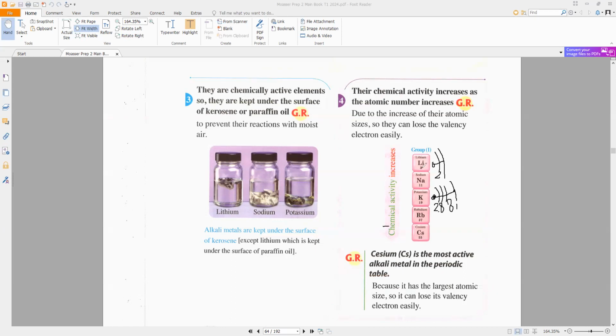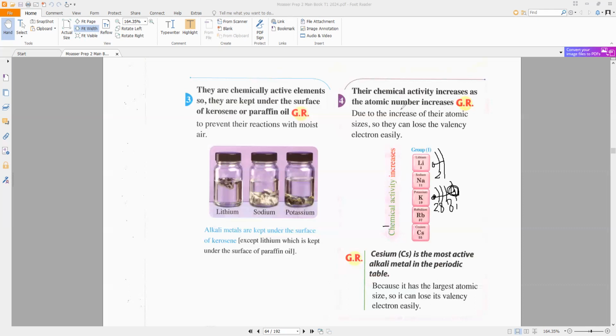So why does the chemical activity increase as we move down? Because the atomic size increases, so the attraction force between the nucleus and the outermost electron decreases as the size increases. So it can lose the outermost electron more easily. When the outermost electron is very far from the nucleus, it is easier to lose than in lithium. So the chemical activity increases.